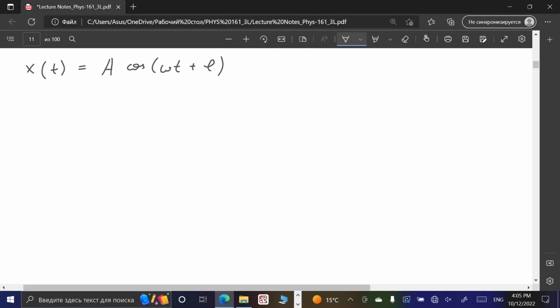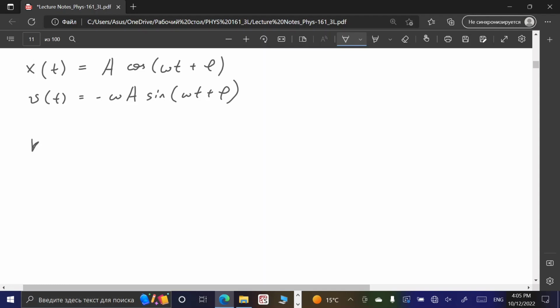So velocity as a function of time, v of t, is equal to minus omega times A times sine of omega t plus phi. So we have these two parameters, and now let us try to get expressions for kinetic and potential energy.